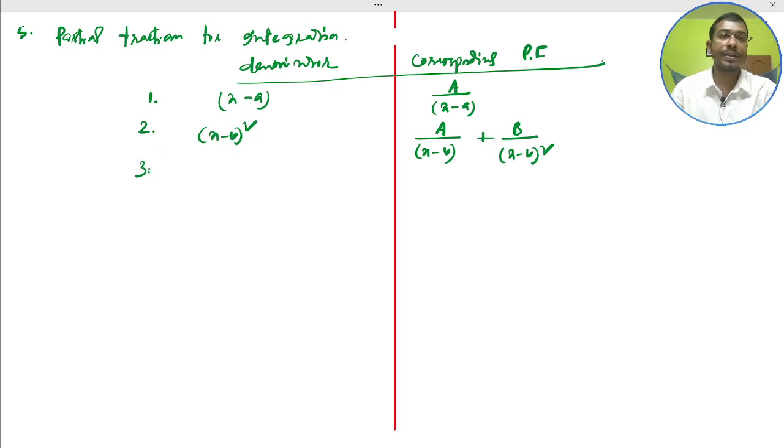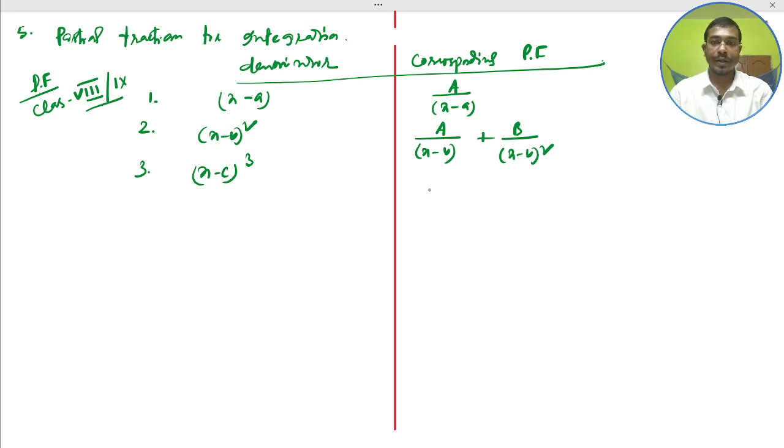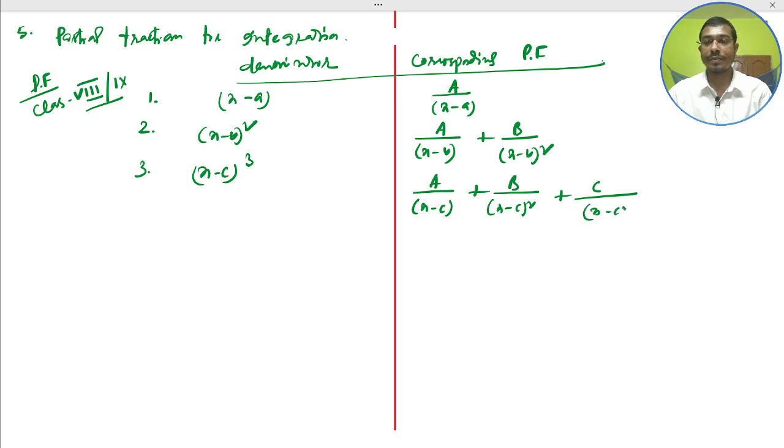Partial fraction you just did in class 8 or 9; here is the application in integration. Next, for x minus c whole cube, that would be a divided by x minus c, this is the linear term, plus b by x minus c square, the square term, plus c by x minus c whole cube, the cubic term.